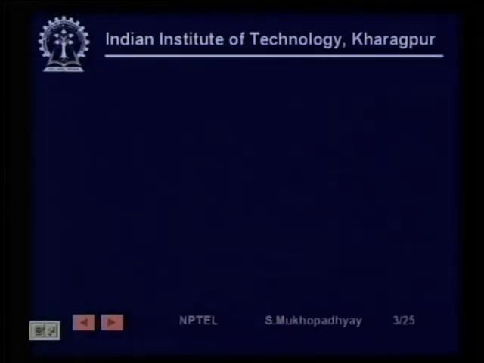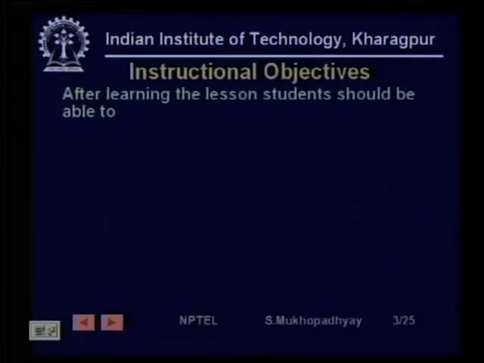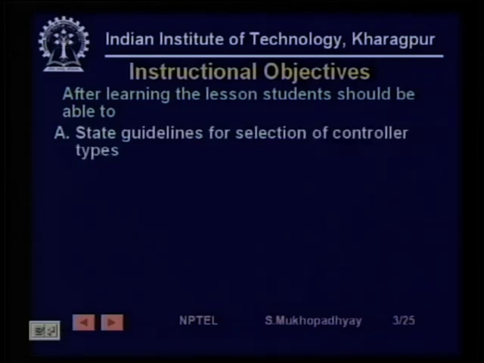So, before we get into the business proper, let us first see what are the instructional objectives of the core of the lesson, as is the usual practice. So, as we state in every lesson, after learning the lesson, the student should be able to firstly state guidelines for selection of controller types.